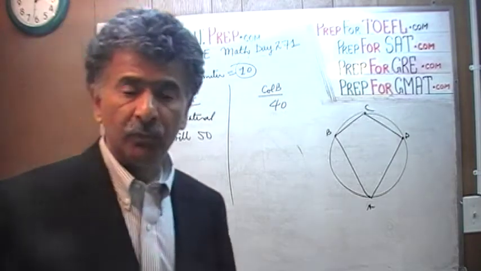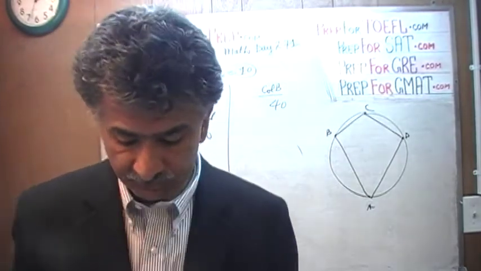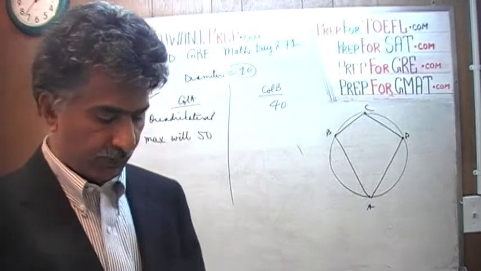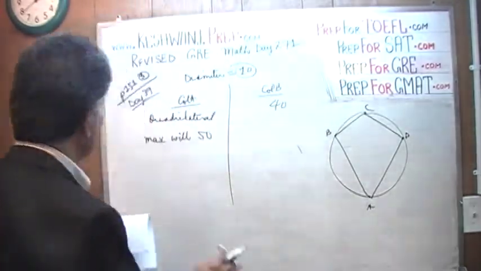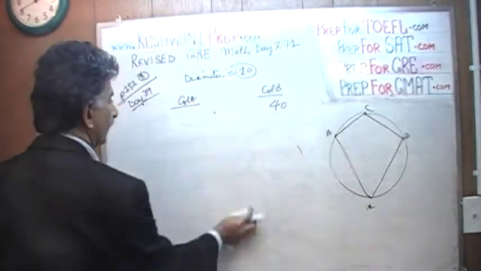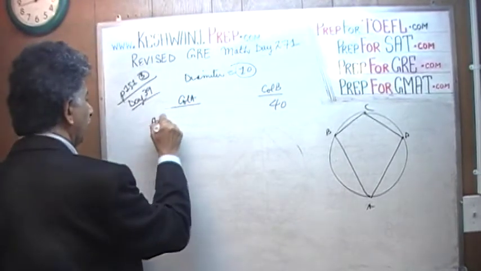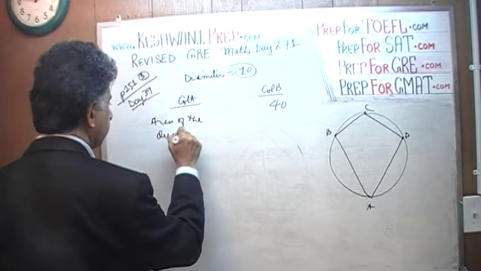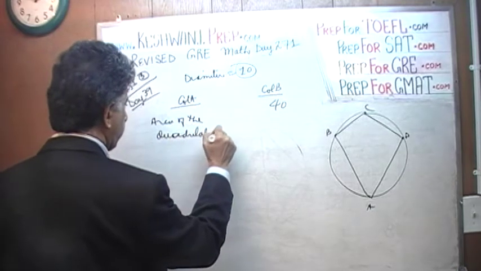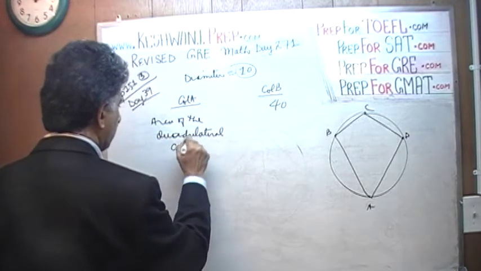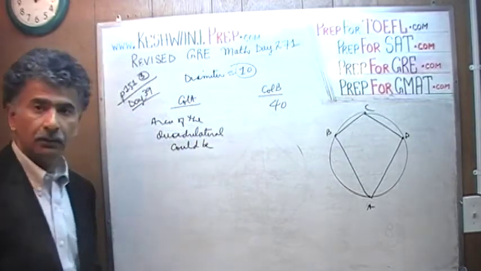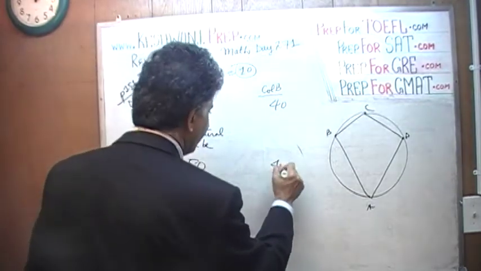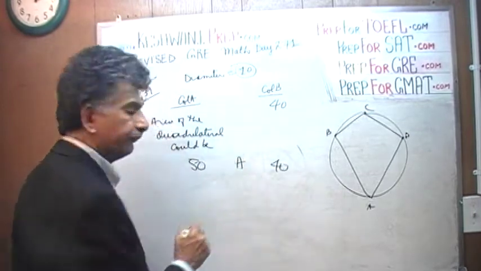But we have no way of knowing where these 4 points A, B, C, and D are located. The area of the quadrilateral, for all we know, could be 50. And since this is 40, in this case the answer would be A.